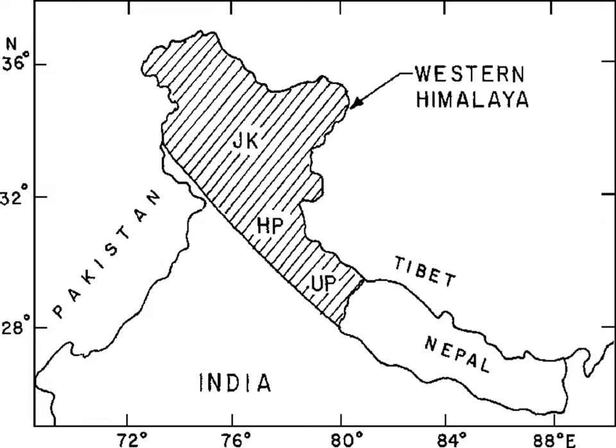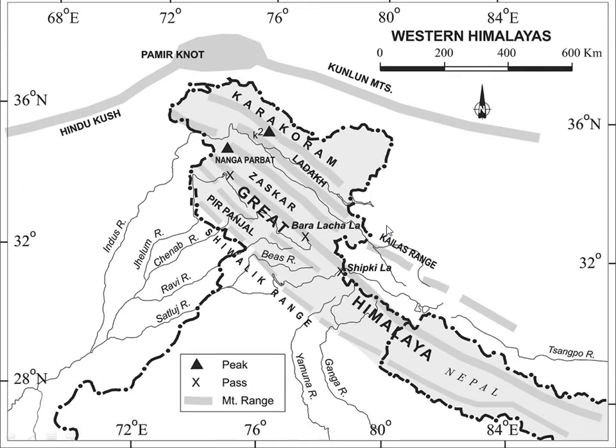The Western Himalayas lie in the western part of India, especially in the Jammu and Kashmir region and the Tibet region. And you see what ranges are found in the Western Himalayas: Karakoram, Ladakh, Zaskar, Kailas range. Okay, and you see in the west what is the width of the Himalayas? 40 km.